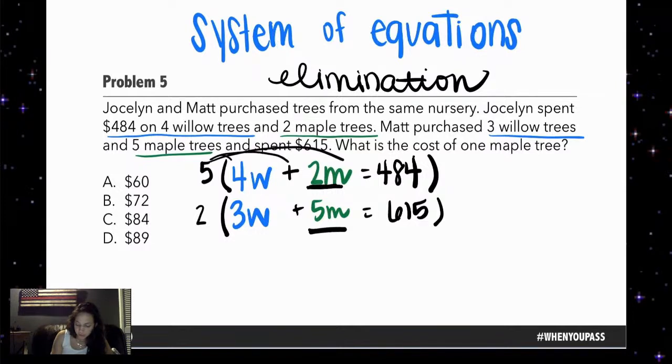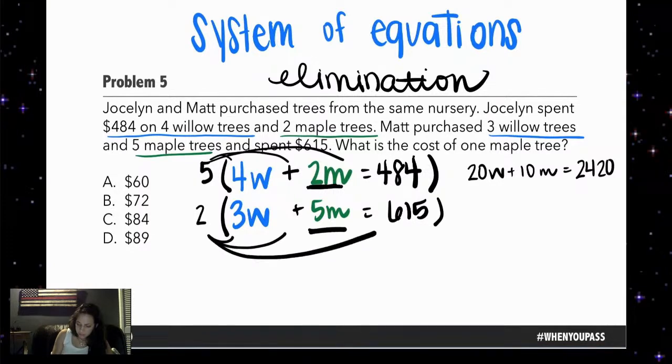I'm going to distribute. So I'm going to get 20 W's plus 10 M's equals, I'm going to use my calculator for this one, 2,420. And then I'm going to distribute this. 6 W's plus 10 M's equals 1,230. Now I'm going to subtract these equations.